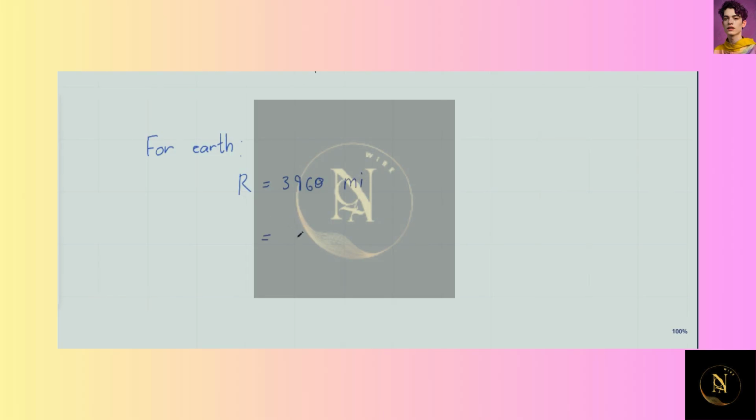And this is equal to 20.909 times 10 to the 6 feet. The gravitational acceleration at the Earth's surface, g, in US units is 32.2 feet per square second.